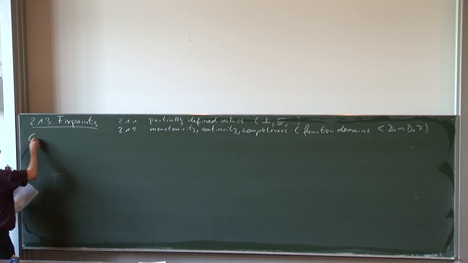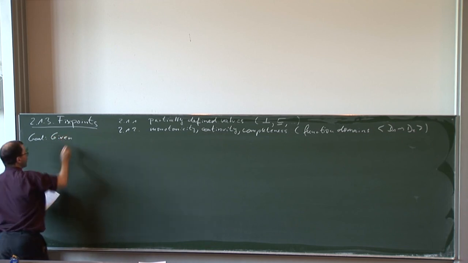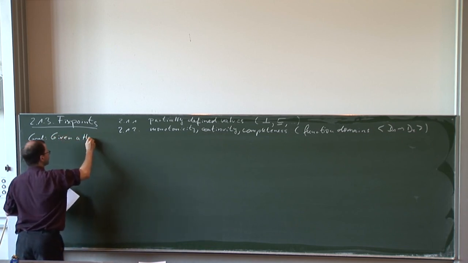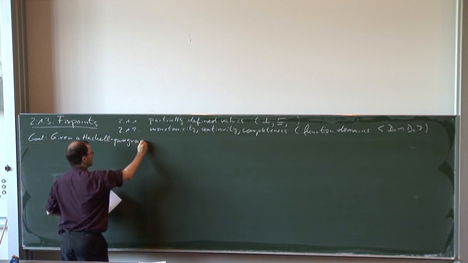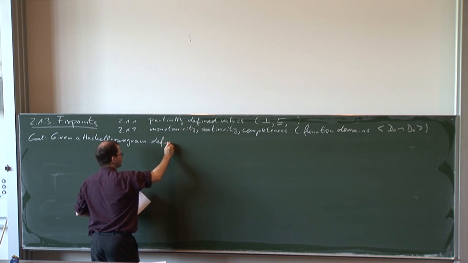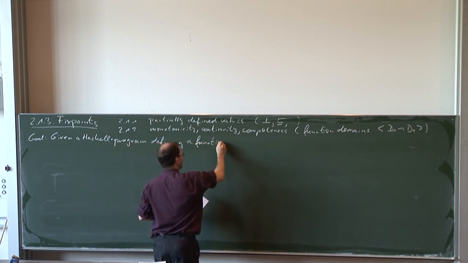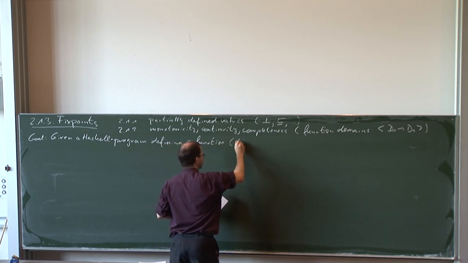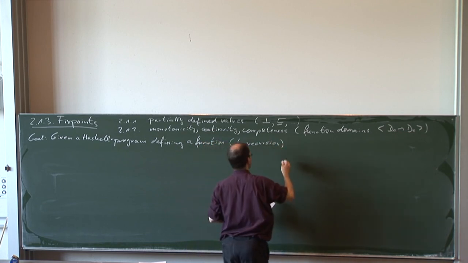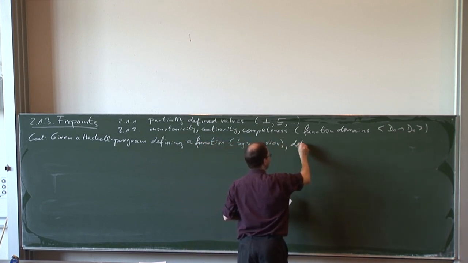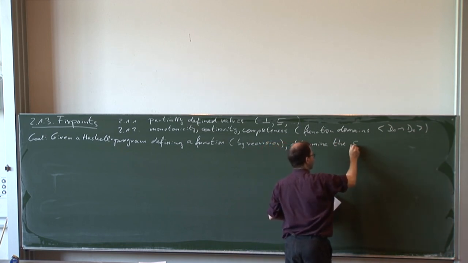So our goal is, if we have a Haskell program which defines some function, and typically it is defined by recursion, and then determine the semantics of this function, the denotational semantics of this function.